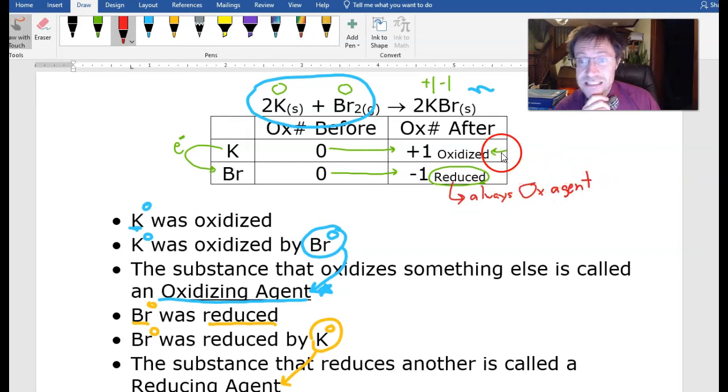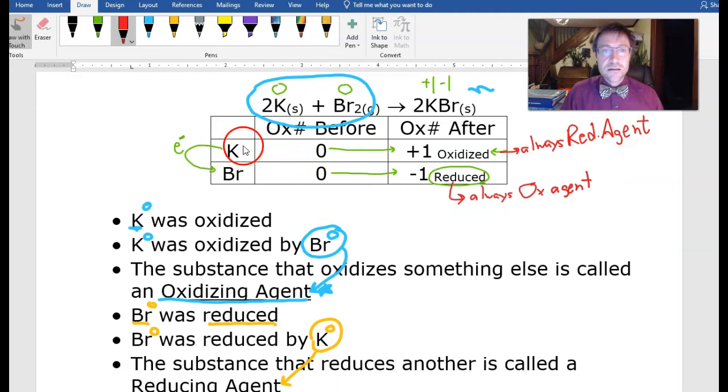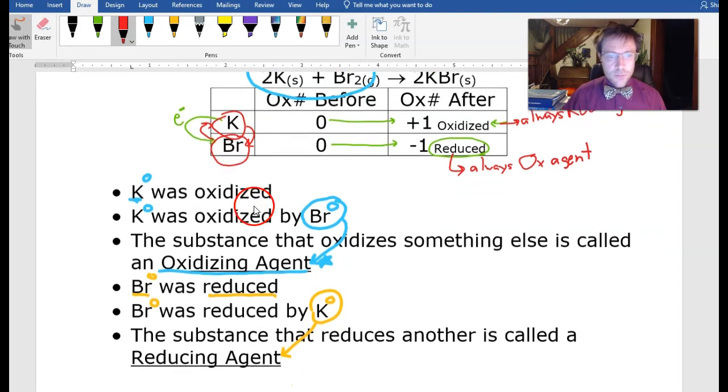And whoever is oxidized is always the reducing agent. You guys get what I'm saying? Because it's kind of opposite. The potassium has to get oxidized in order to reduce this thing, and this thing has to get reduced in order to oxidize that thing. It's kind of like opposites, right?